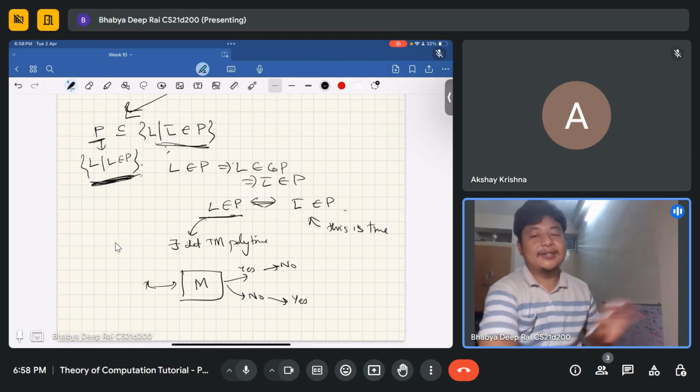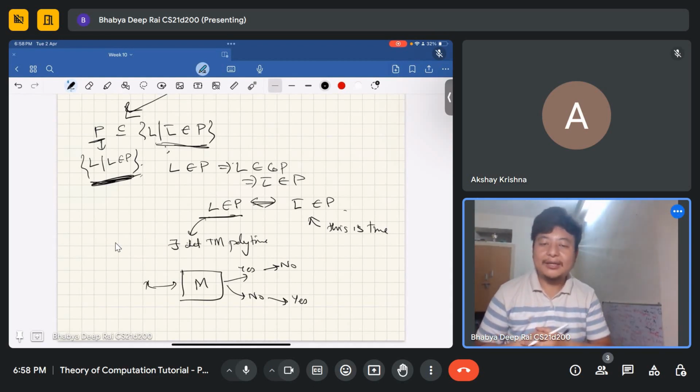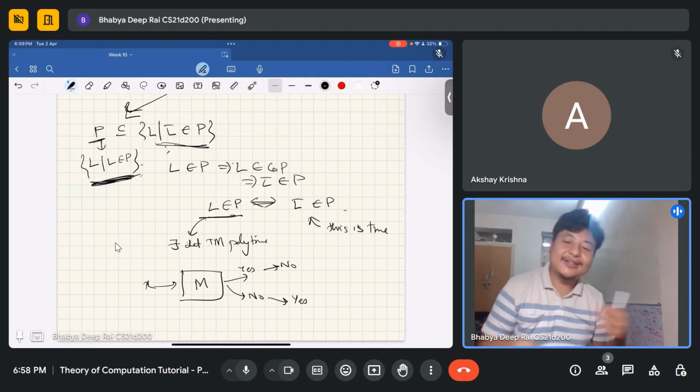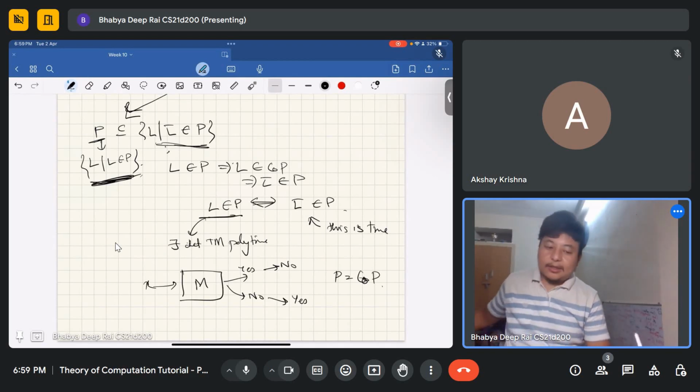And this procedure takes polynomial time. So even the complement I can decide in P. If the complement I can decide in P, it is contained in coP, right? And therefore, coP is exactly the languages whose complement can be decided in P. And therefore, P is equal to coP.